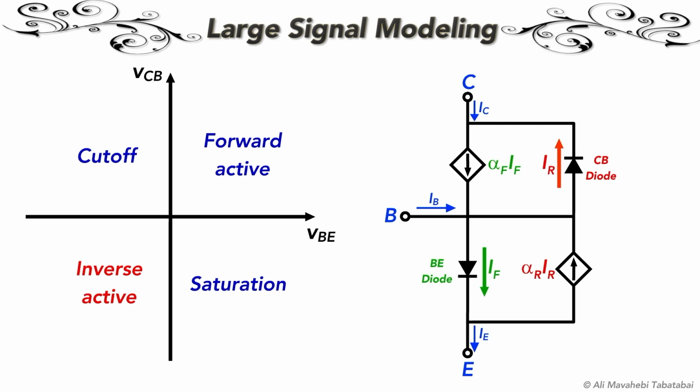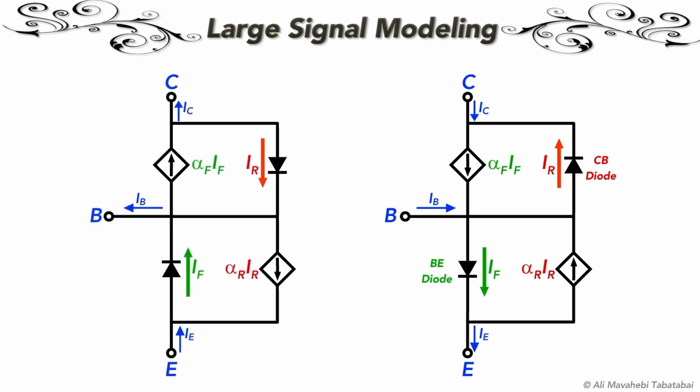This model is called the Ebers-Moll model, which can be used for BJT modeling in forward active, saturation, cutoff, and reverse active modes of operation. For a PNP transistor, the current directions and voltage polarities are reversed.